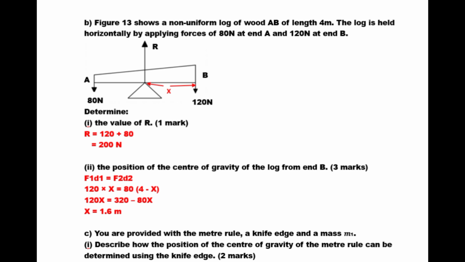So force 1 D1 equals force 2 D2. Let's assume the pivot is at point X. So 120 times the distance.